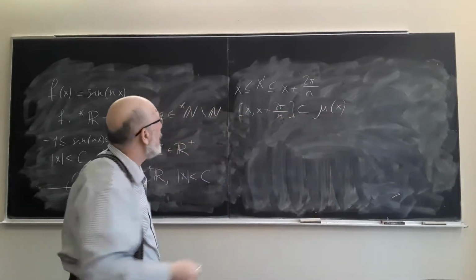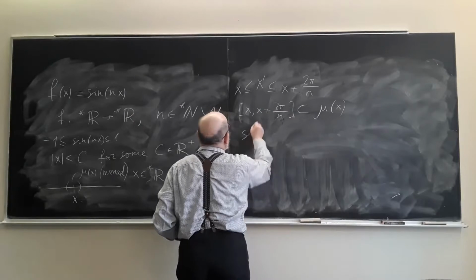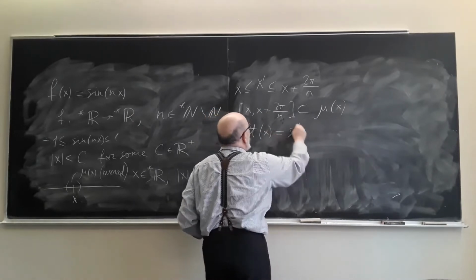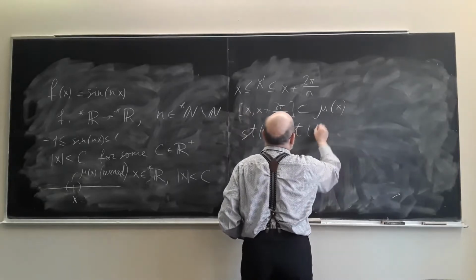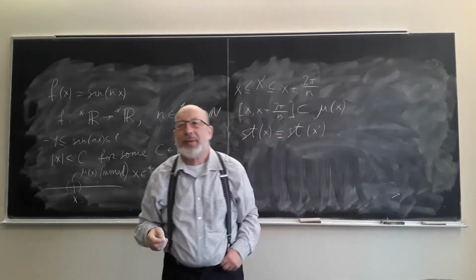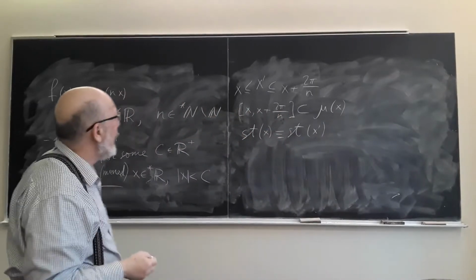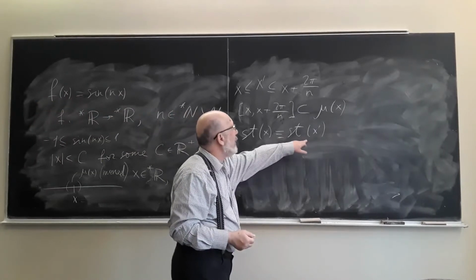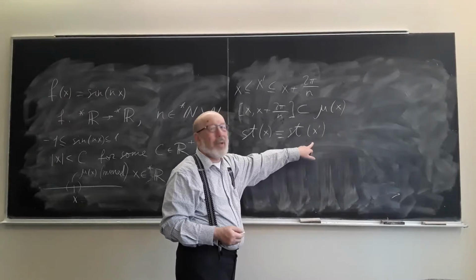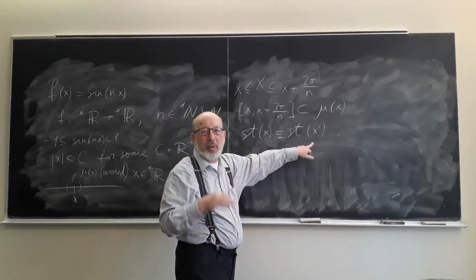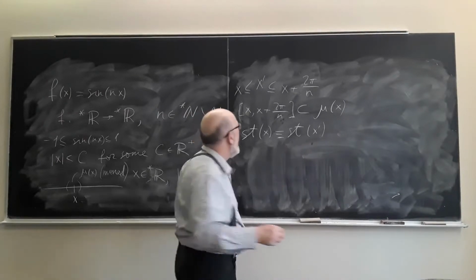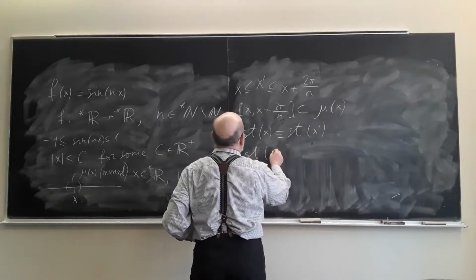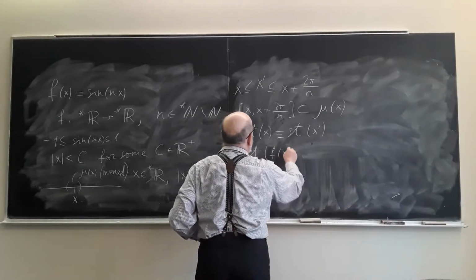So this means that the standard part of x equals the standard part of x prime in this segment, on one hand. So it corresponds to one and the same point after you take the standard part. On the other hand, consider the standard part of f of x prime.